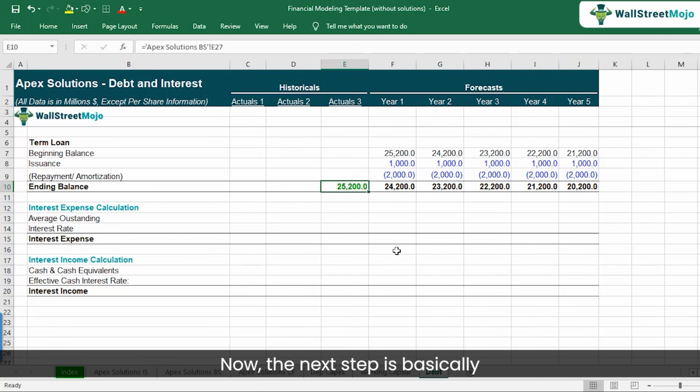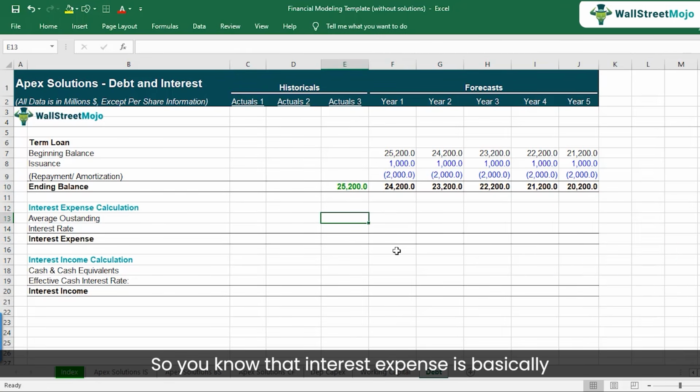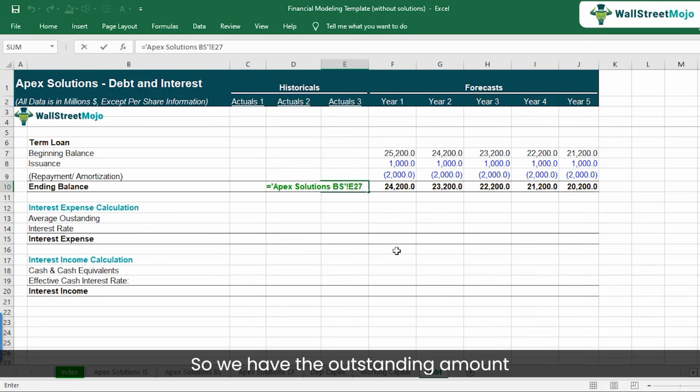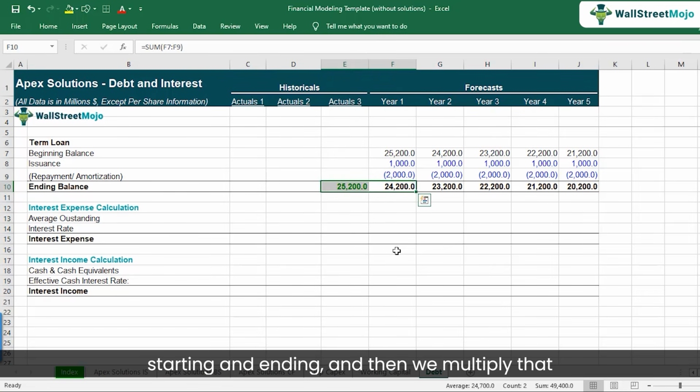Now, the next step is basically to find out the interest expense. So you know that interest expense is basically on the loan, right? So we have the outstanding amount at the start of the year and the outstanding amount at the end of the year, right? The typical way to find out the interest expense is that we first figure out the average of these two, starting and ending, and then we multiply that by the applicable interest rate.